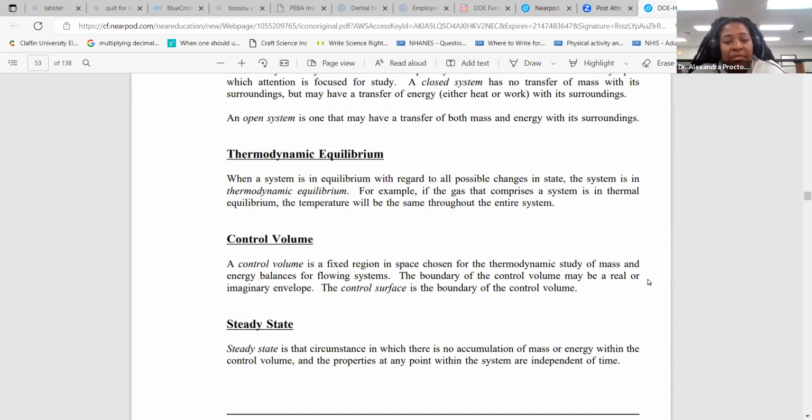So we think of spaces where we do these thermodynamic studies, spaces where we look at these systems, and we have to define these spaces.